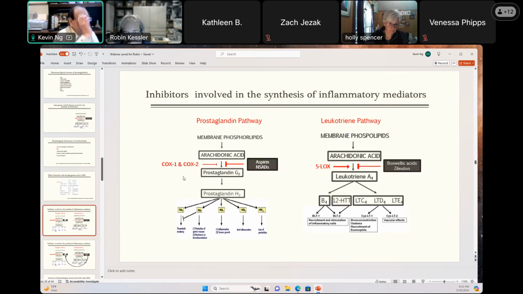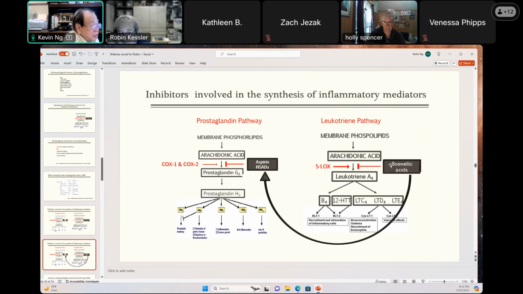Taken together, this is the message I want you to take home. For the prostaglandin, you can use aspirin and the non-steroid medications to block it here. But as for the 5-LOX enzyme, you don't have anything except boswellic acid. So I have to go deeper into what boswellic acid is all about.